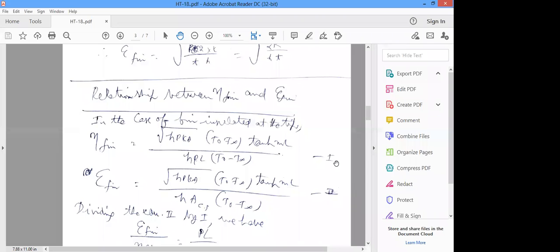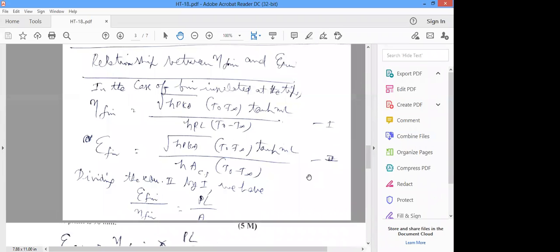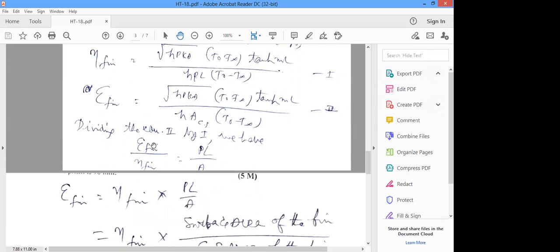So dividing equation 2 by 1, effectiveness by efficiency, after simplifying and cancelling terms, is PL by A cross sectional area.